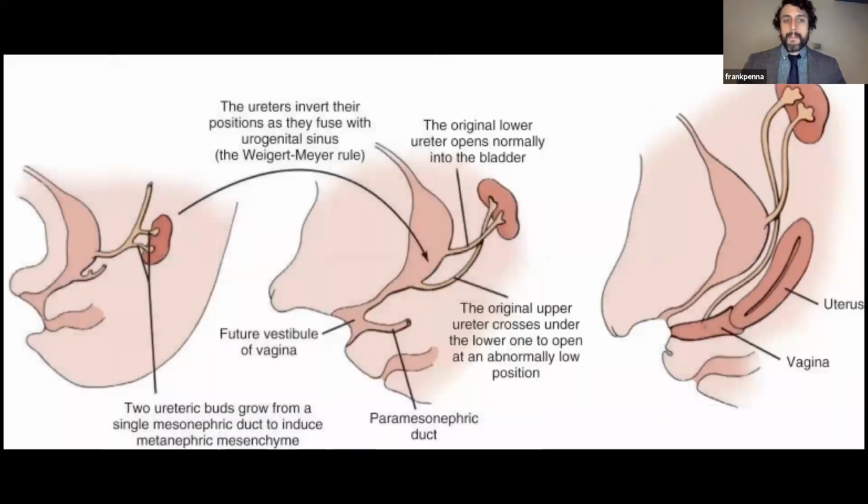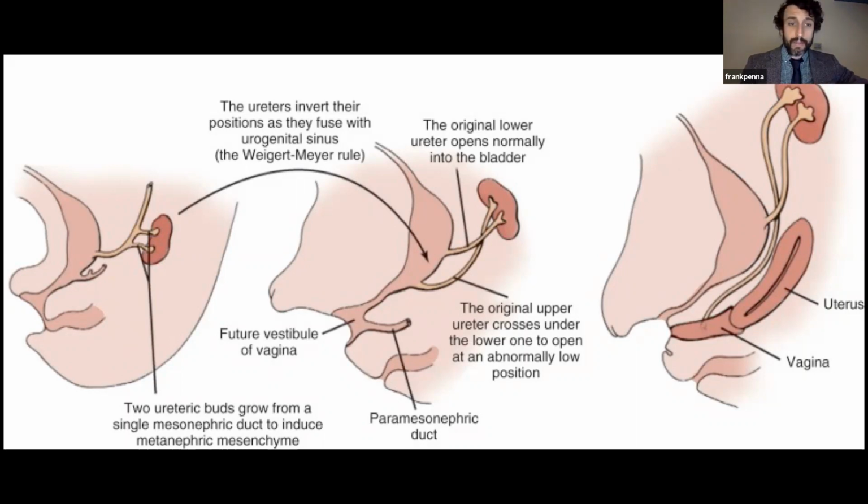Ectopic ureter means a ureter that's not inserting into the bladder in the proper spot, or not inserting into the bladder at all, just like an ectopic pregnancy, so to speak. In a duplicated collecting system, the ureters invert their positions as they fuse with the urogenital sinus. That's called the Weigert-Meyer rule, which I'll get into in the next couple of slides.